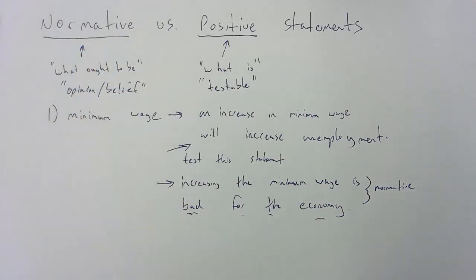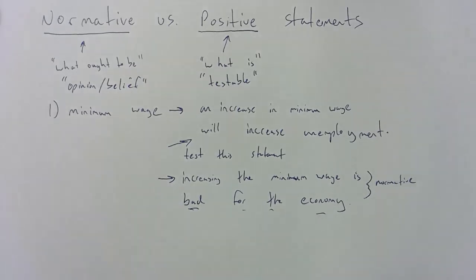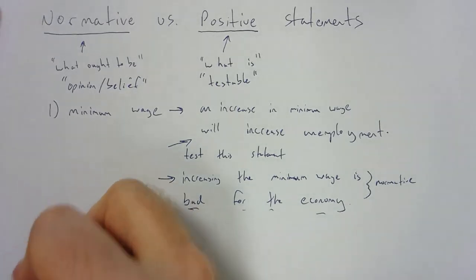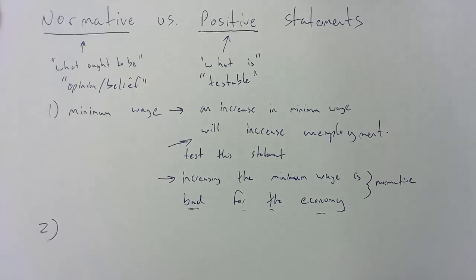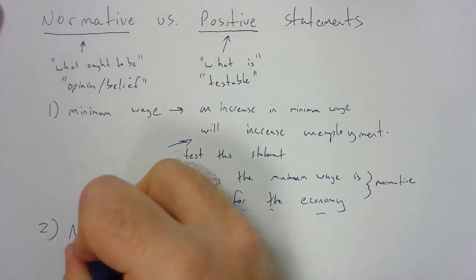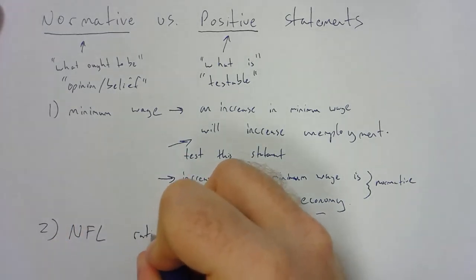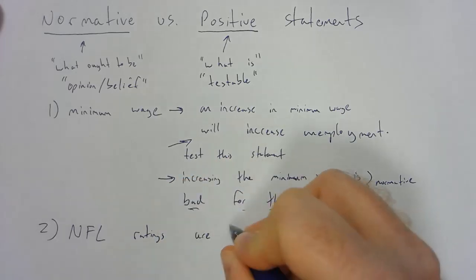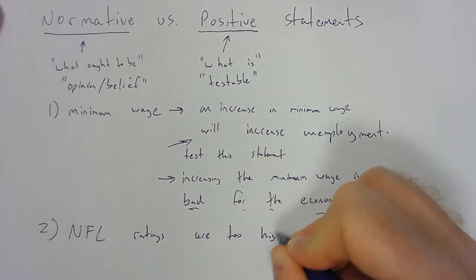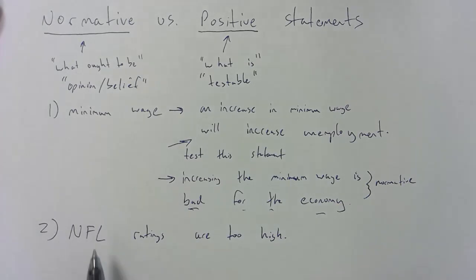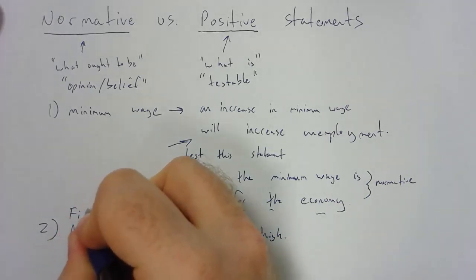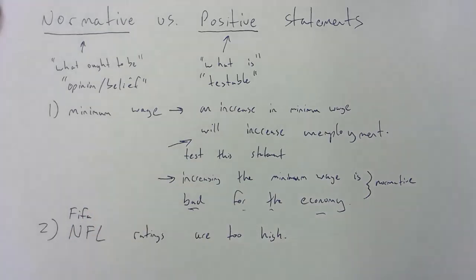So let's consider another example. Maybe we will consider the example of NFL or National Football League ratings are too high. And if you're not an American and a fan of American football, you could just substitute FIFA or your version of football in this sentence.